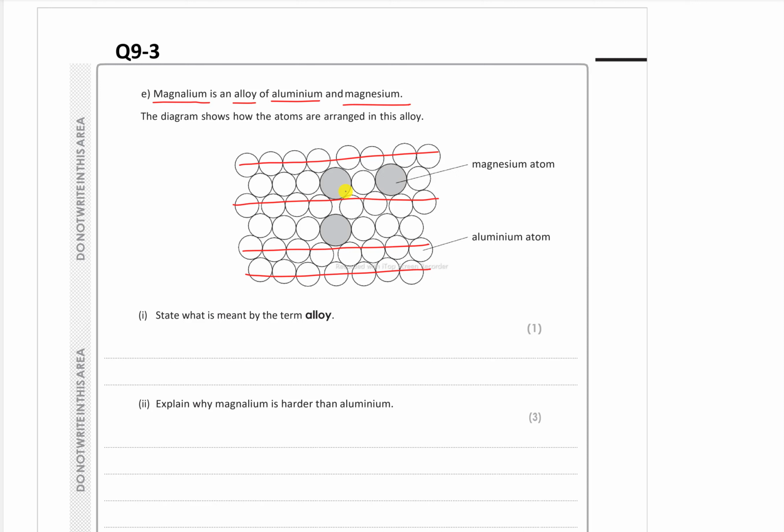When you introduce different size atoms, you disrupt the structure. So now if I apply a force that way and that way, because they're not even, it requires more force for these to slide over each other. That's what's going on. So what is an alloy? You can just write it as it is, and learn it this way.